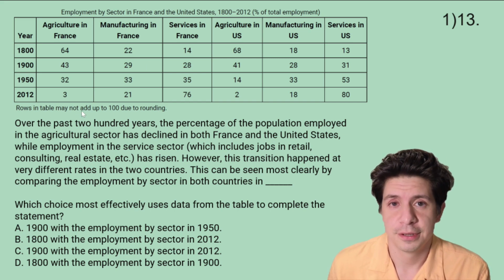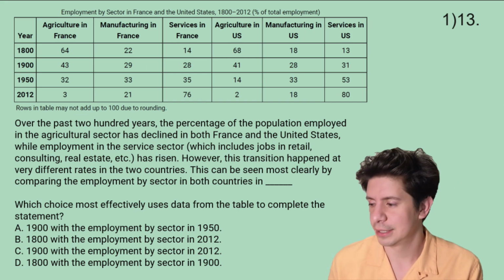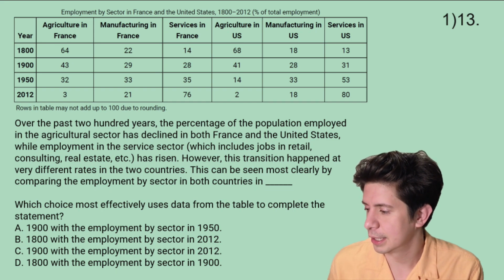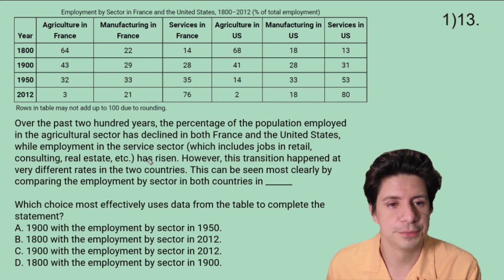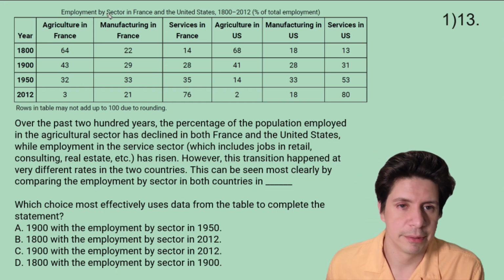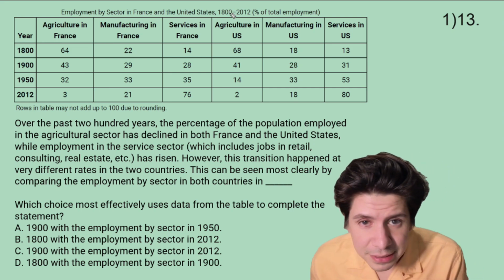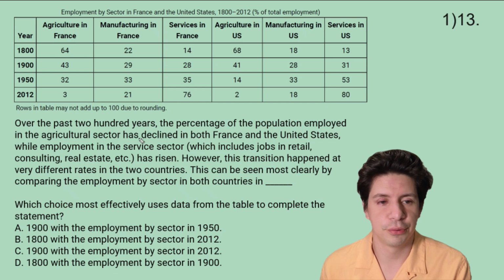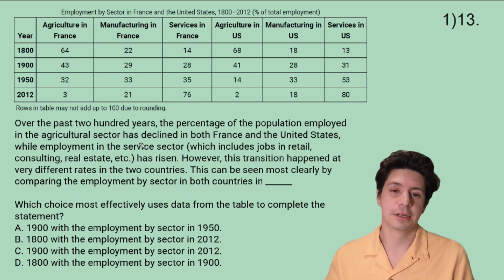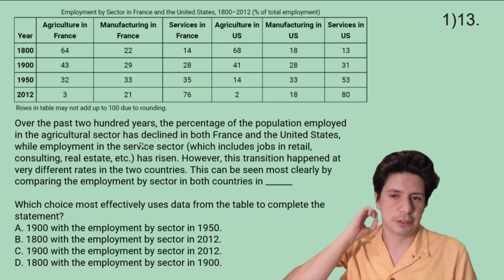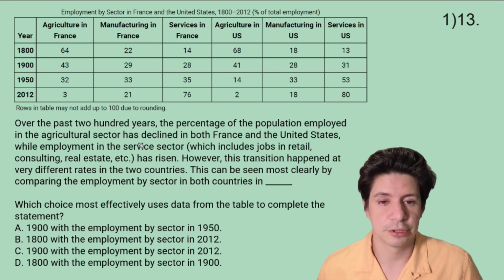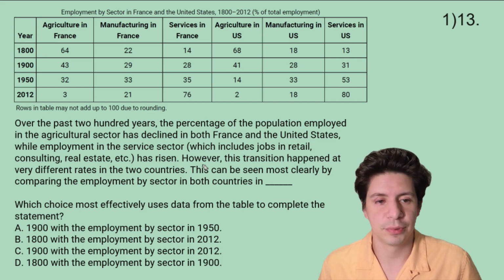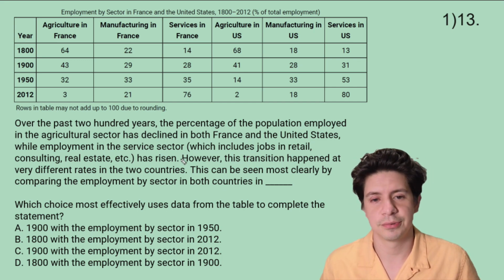It's another command of evidence question, as you can see by the nice big chart we got going here. In the chart, we have employment by sector in France and the United States from 1800 to 2012. Over the past 200 years, the percentage of the population employed in the agricultural sector has declined in both France and the United States, while employment in the service sector, which includes jobs in retail, consulting, real estate, etc., has risen.